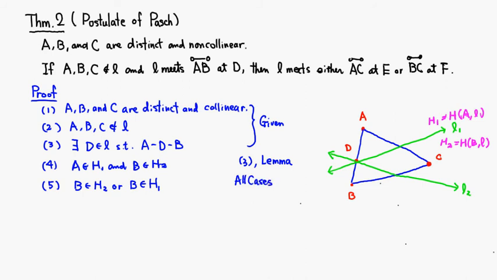Right? Then 6. So why not assume the first case? So let's pick the first case. Assume that C is in H2. Right? So this is our case 1. So we're looking at this case here. C is in H2.